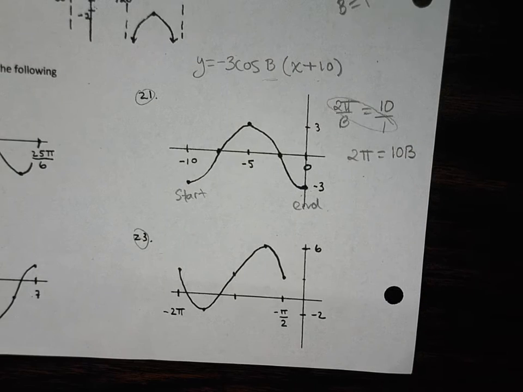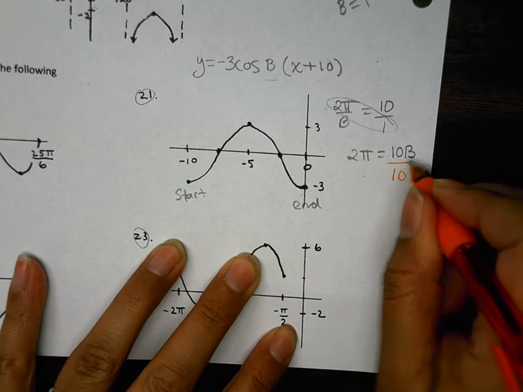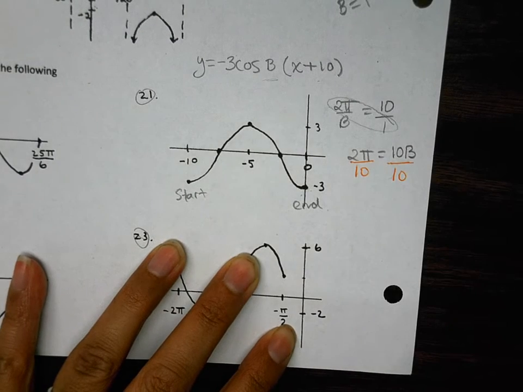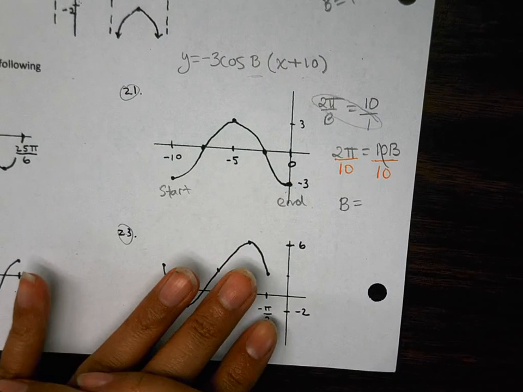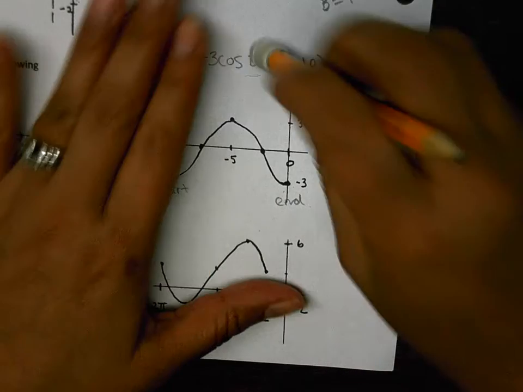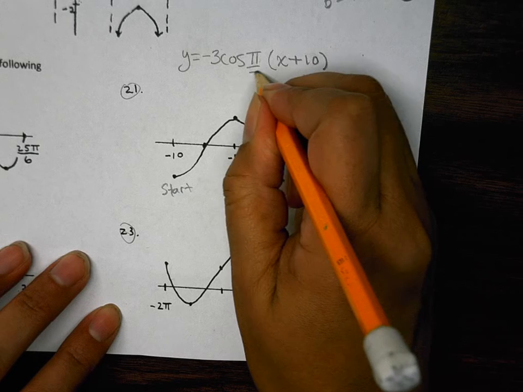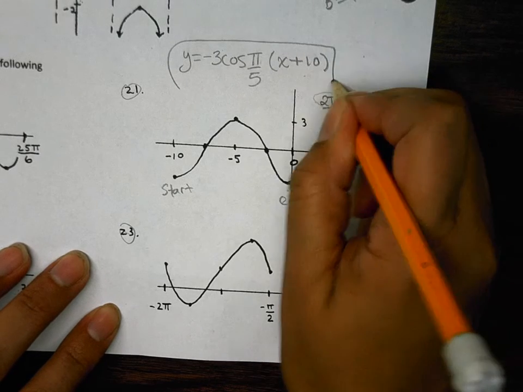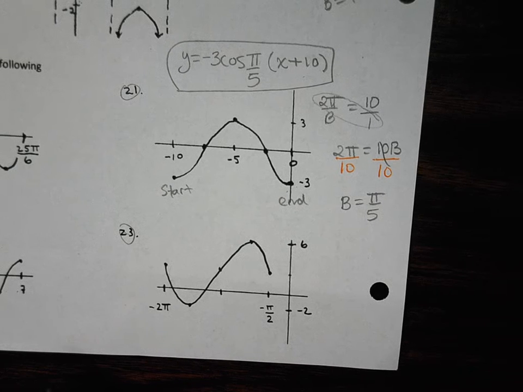Divide by 10. b equals, and what does that reduce to? Pi over 5. Definitely on the test. Now, make sense?